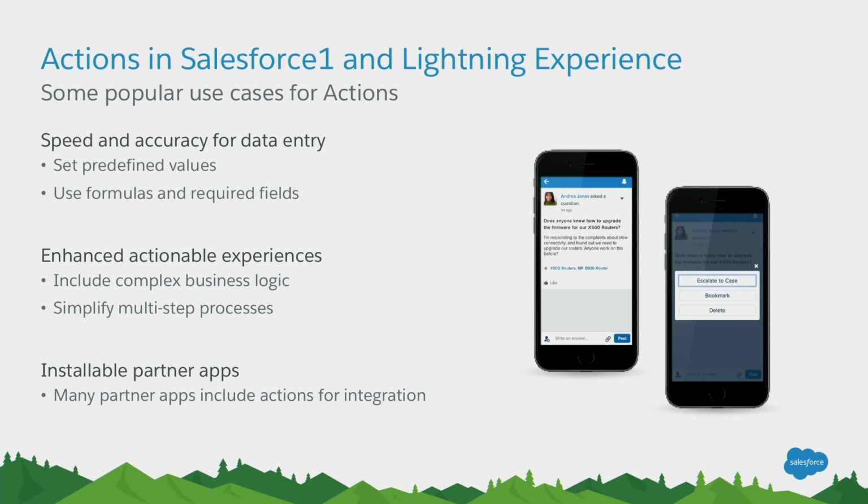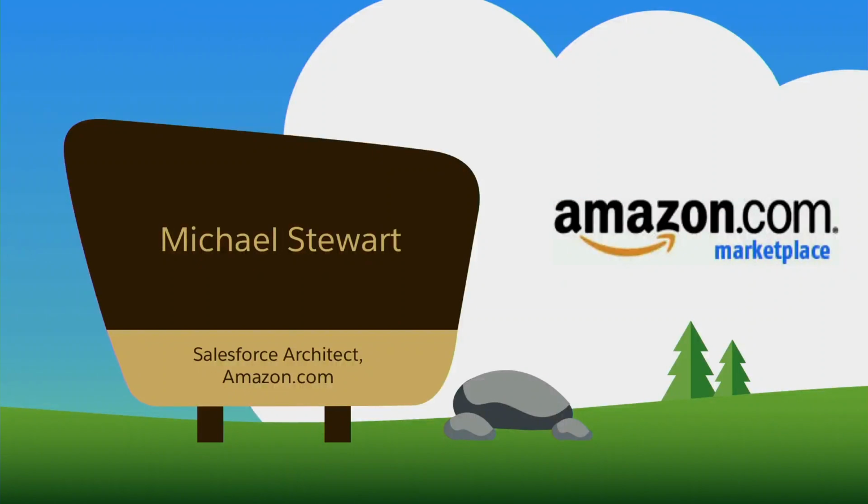And these can be used to address multi-step processes, complex use cases, and also for partner apps. They're packageable, and they're a great way to get your users a better and speedier way to get their work done.